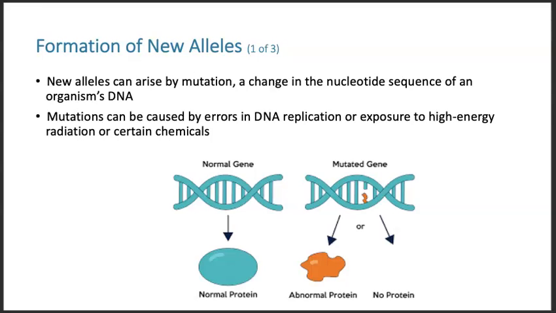So again, as a reminder, mutations can be caused by errors in DNA replication. It can be caused by exposure to high energy radiation, and it can be caused by exposure to certain chemicals that are called mutagens, or carcinogens, for example. So those would be causes for new alleles to form.